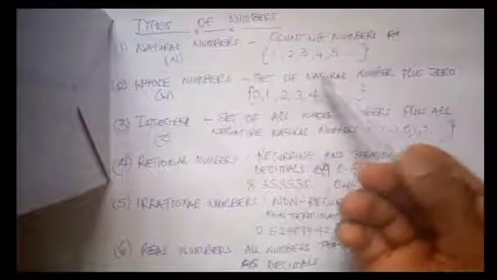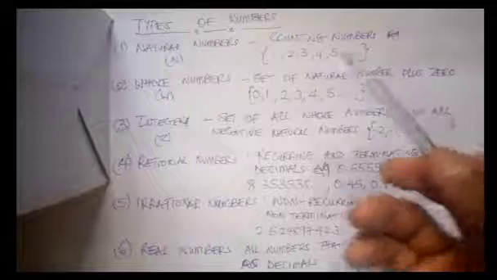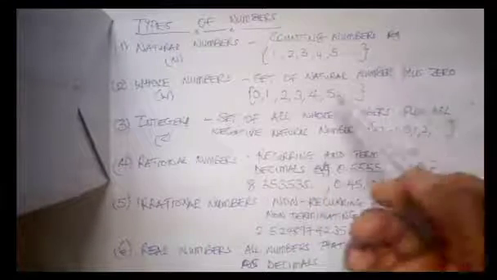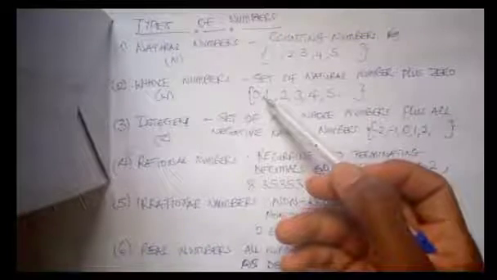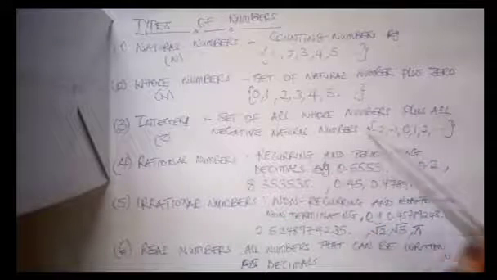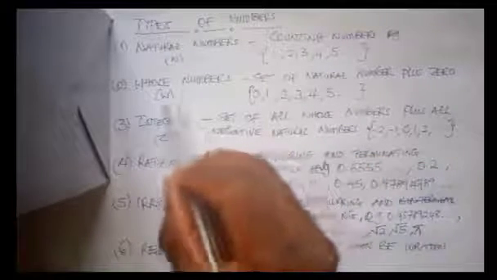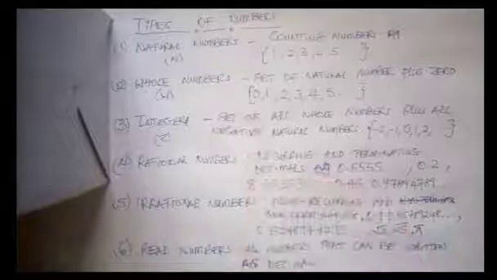Then you talk of whole numbers. Whole numbers are a set of numbers. They are the set of natural numbers, but the only difference is that there's an inclusion here. 0 has been added to whole numbers. So the set of natural numbers plus 0 gives birth to whole numbers. And how about integers?